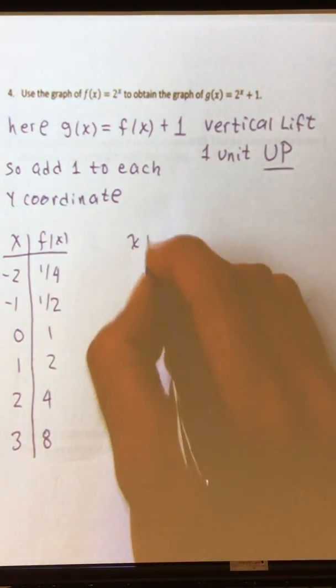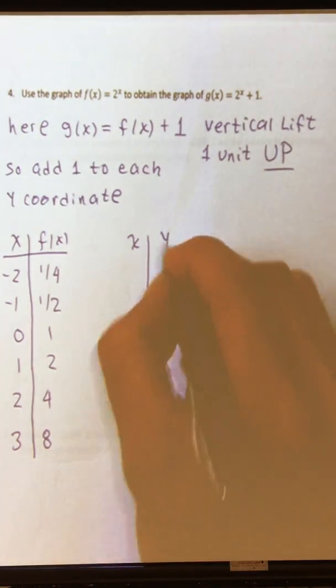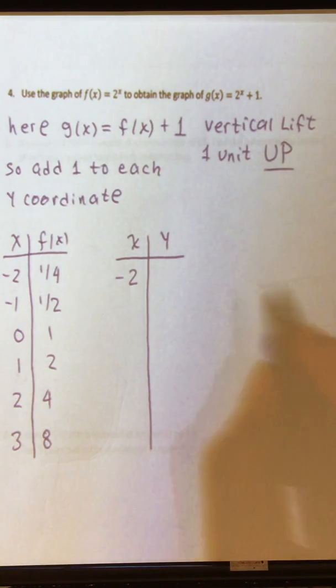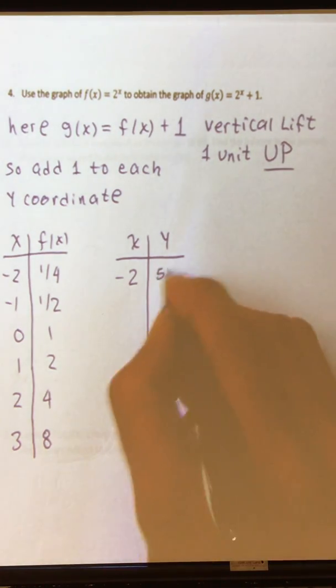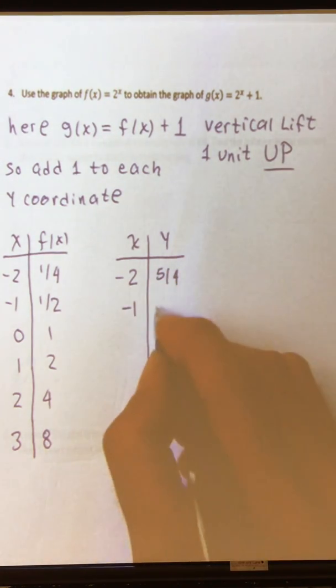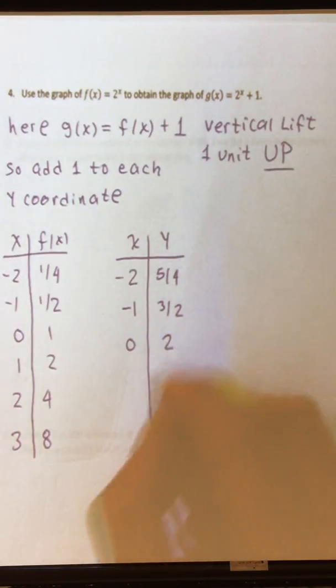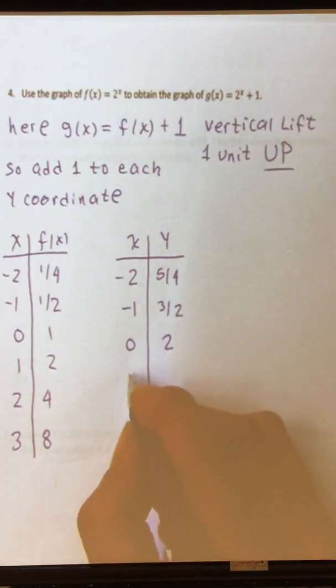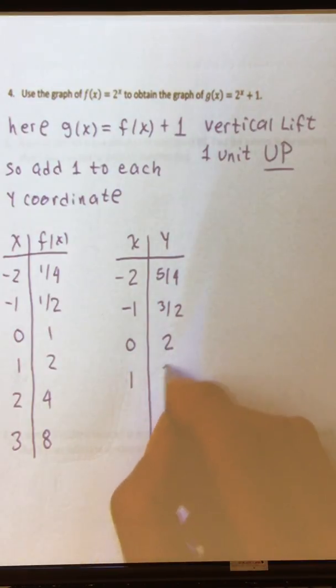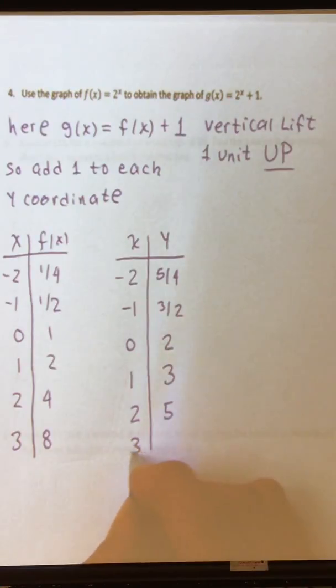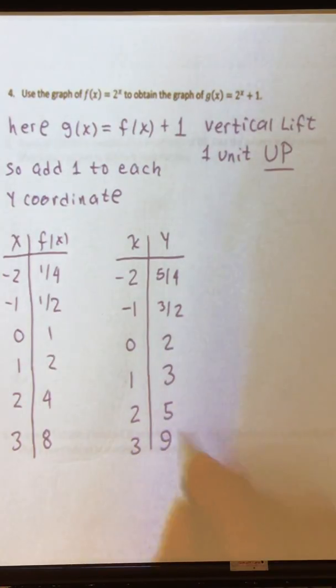And then for the function g of x, using the same values of x, we now add 1 to each y coordinate. So 1/4 plus 1, 1/2 plus 1, 1 plus 1, and 2 plus 1, and 4 plus 1, and 8 plus 1 is 9.